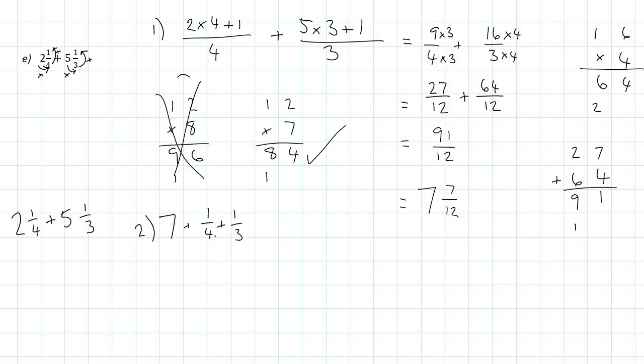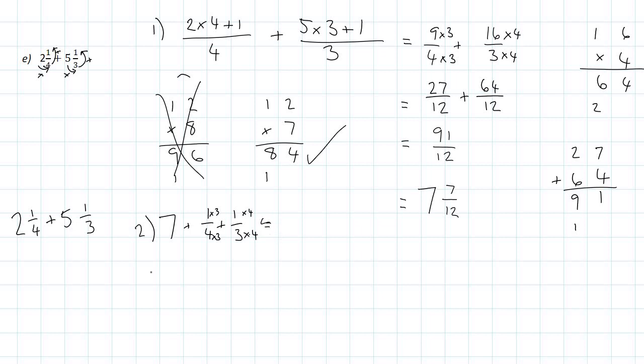If I'm doing a quarter add 1/3, I'm going to do 4 times 3 and 3 times 4. If I multiply by 3 on the bottom, I've got to multiply by 3 on the top. If I multiply by 4 on the bottom, I've got to multiply by 4 on the top.